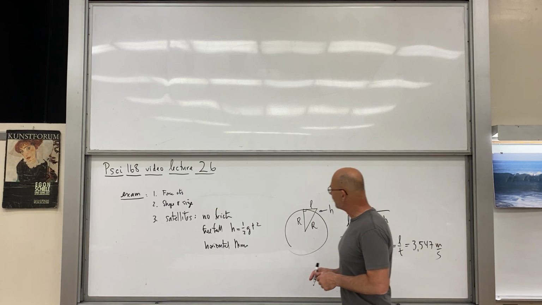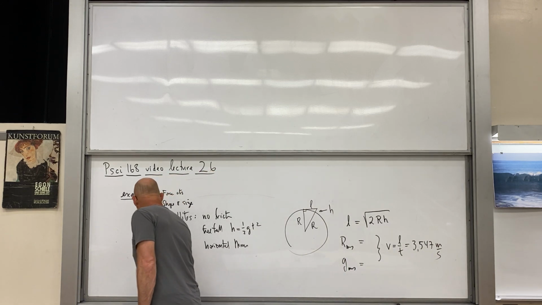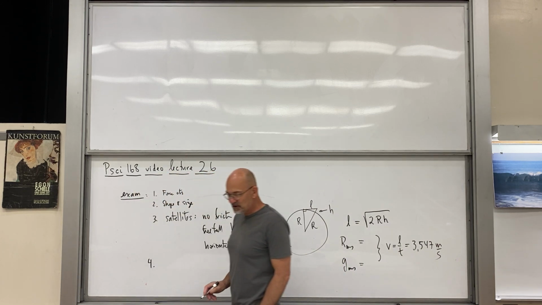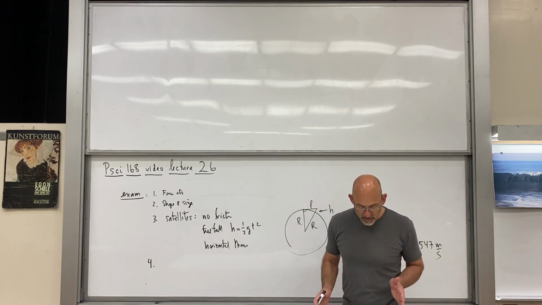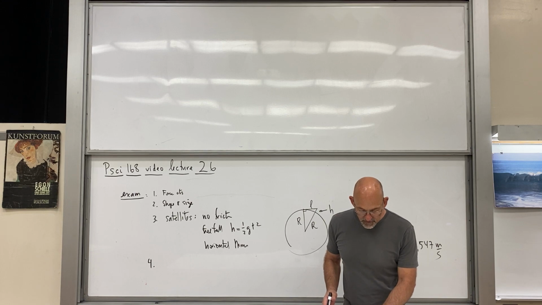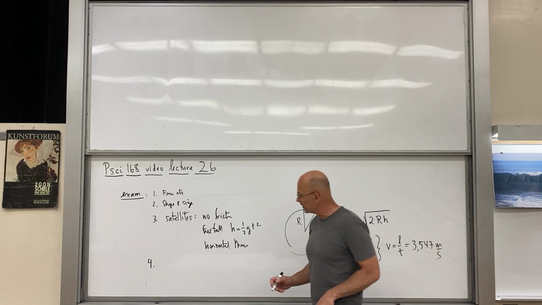Then for problem 4, we have the potential energy of the water in that dam. If you multiplied in that reservoir all those numbers together, you obtain 1.323 times 10 to the 14 joules.